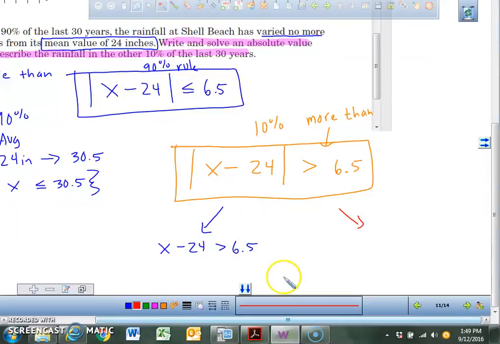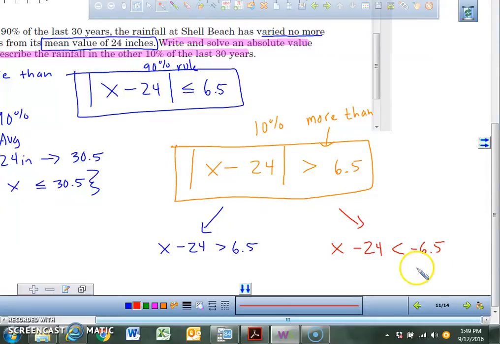And the other one, x minus 24, you could pause me right now and see if you can do it on your own, and then unpause me and see if you got it right. What's the other one? It could be less than negative 6.5.